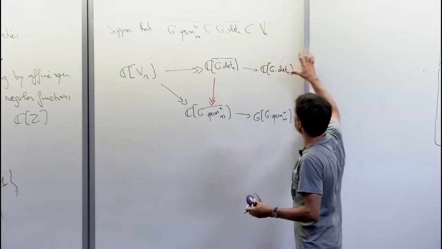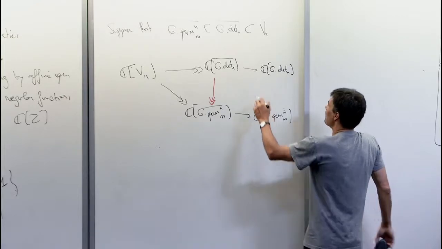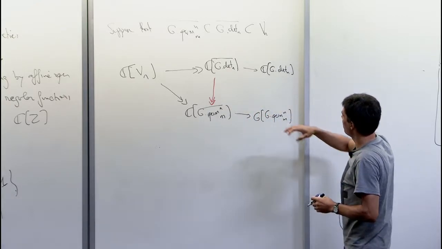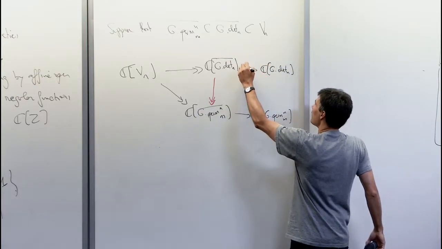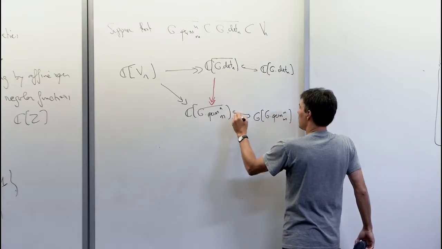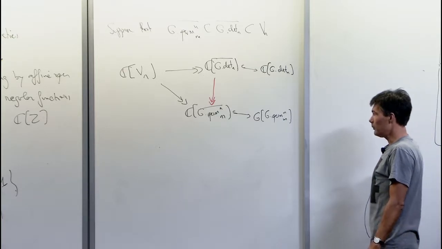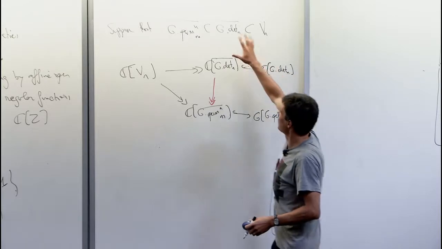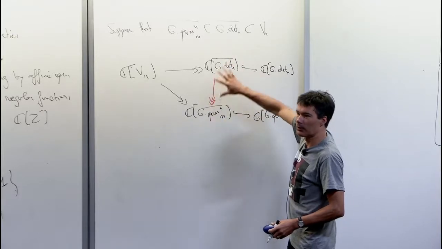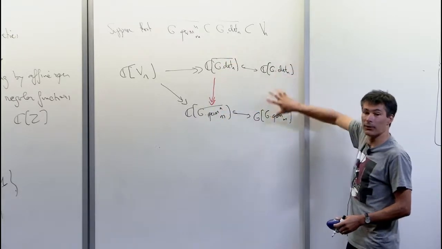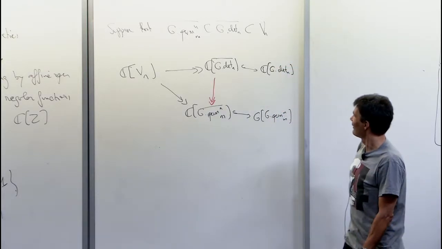So we could hope that these maps are good approximations. What we can say a priori is that these maps are injective, because this is an open subset of the closure. If you have a function which vanishes on an open subset, it is 0 everywhere. So we have injective maps like this. So the strategy is roughly this. If we have this inclusion, then we will have this surjective map, and we will try to get some consequences from the fact that we understand precisely these two spaces.